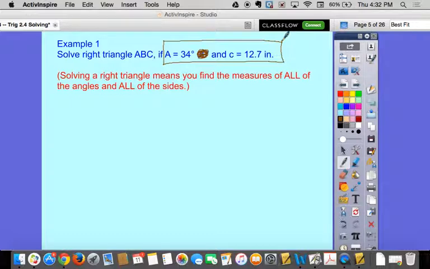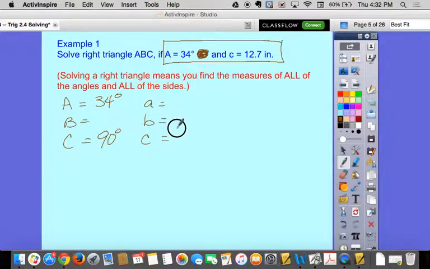So, what it means to solve a right triangle is you've got to find all of your angles and all of your sides. To keep my head straight, I like to list. I'm a list maker. Okay, they told me A was 34. Now, what do we know about angle C? Well, it's always 90. Yay.